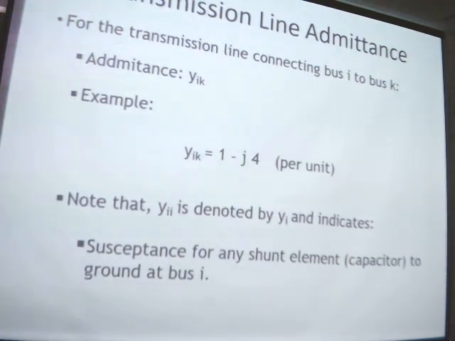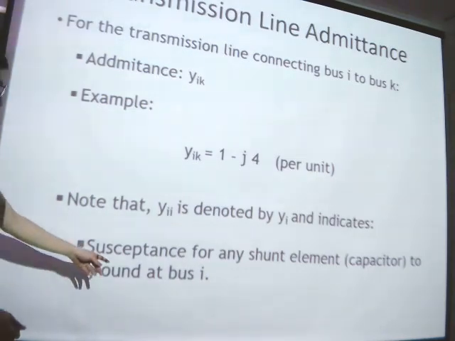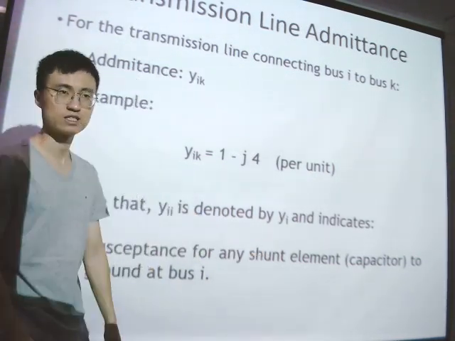Just to imagine this: this is A, B, C. For YAA, the self admittance of bus A is obtained when we ground the other nodes, and that is what we call the shunt element.